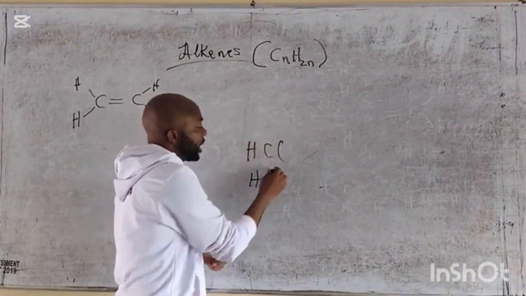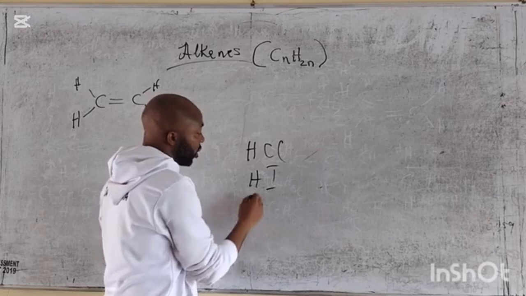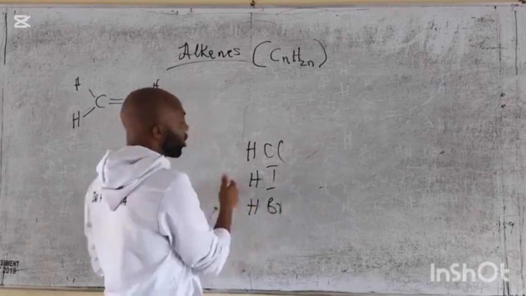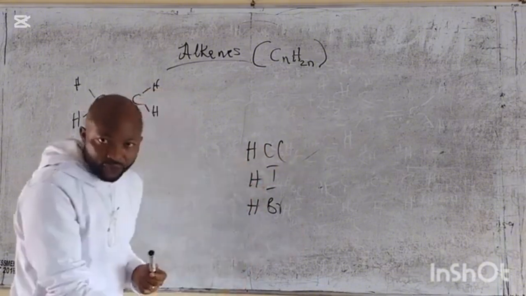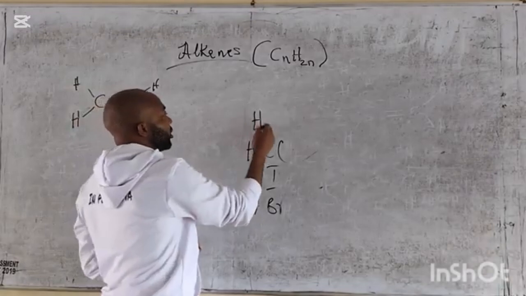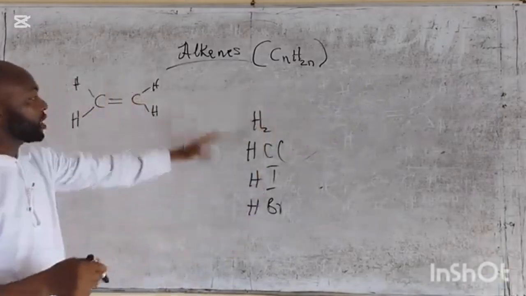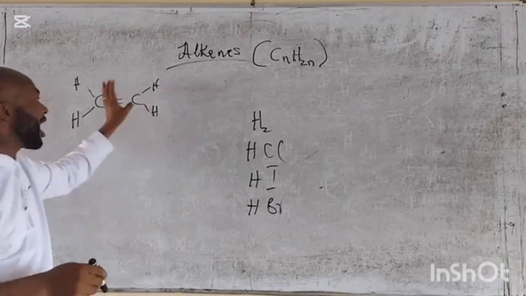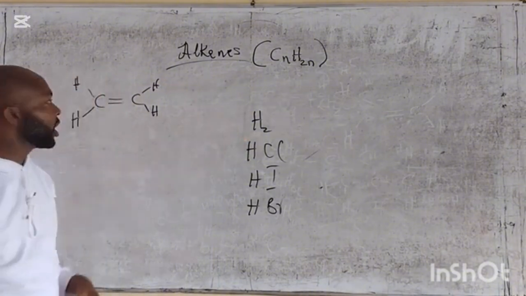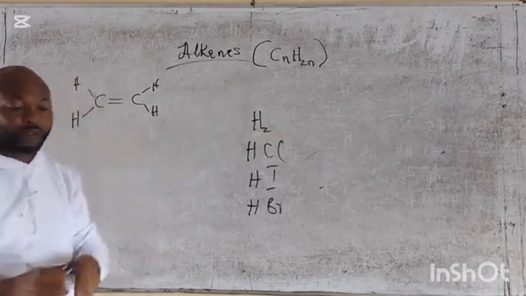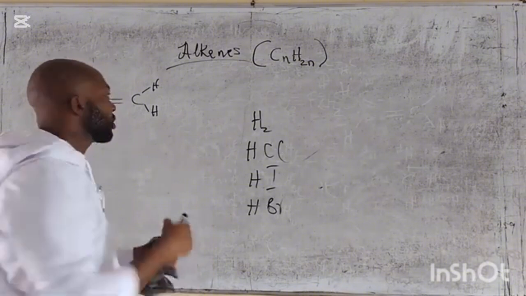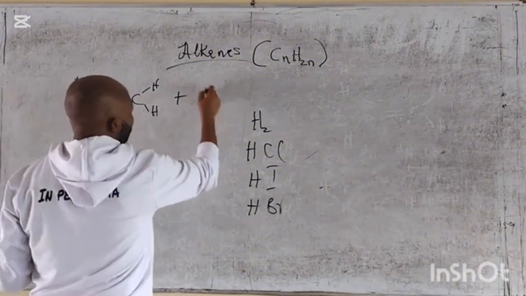Then hydrogenation too, reaction with hydrogen. So all of these can be added to the alkene in the addition reaction. We're going to take just maybe one or two to see how that works. Let's start with hydrogenation, which is the first one. So the first addition reaction is called hydrogenation reaction, plus hydrogen, H2.